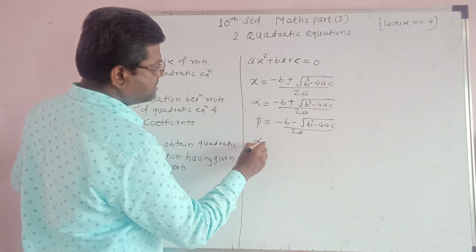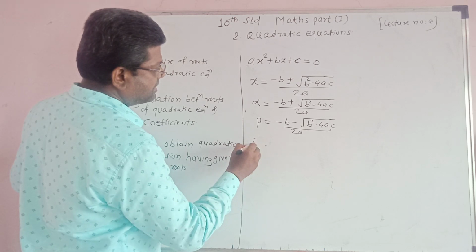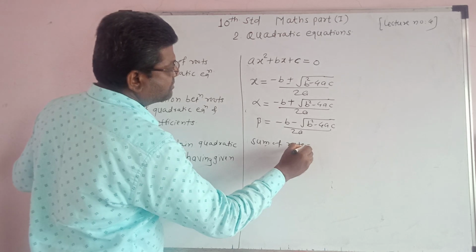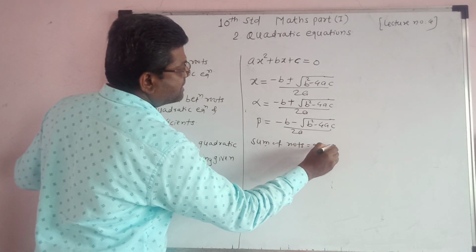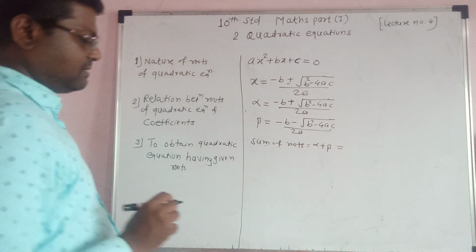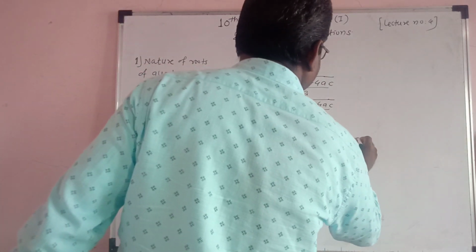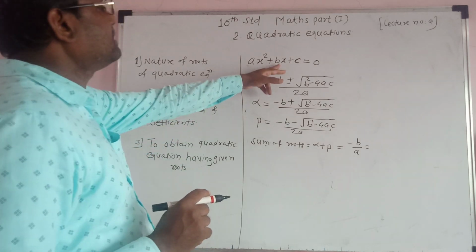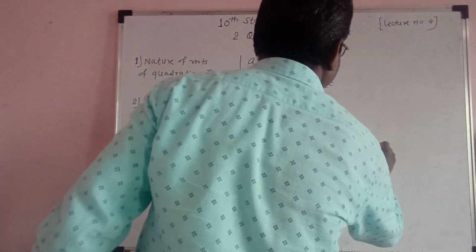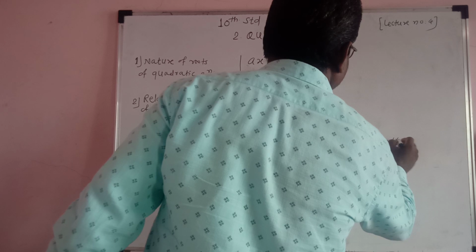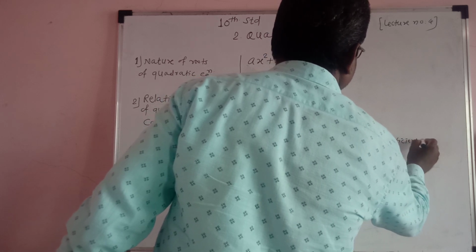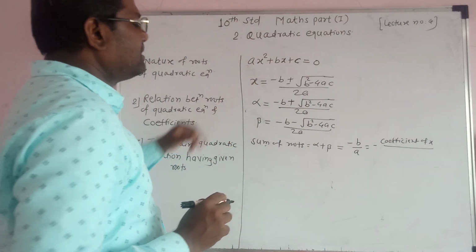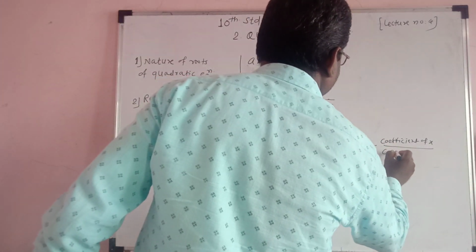Then the sum of roots, alpha + beta, is given by -b/a. What is b? B is the coefficient of x, and what is a? A is the coefficient of x².